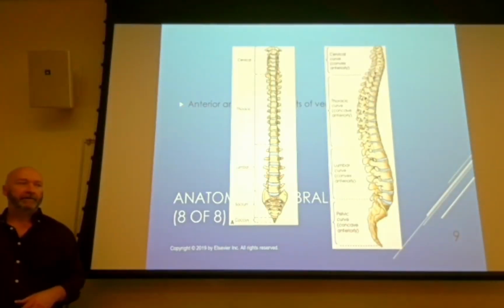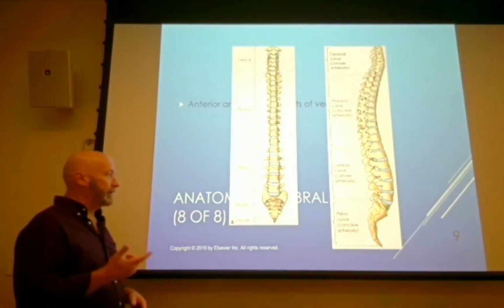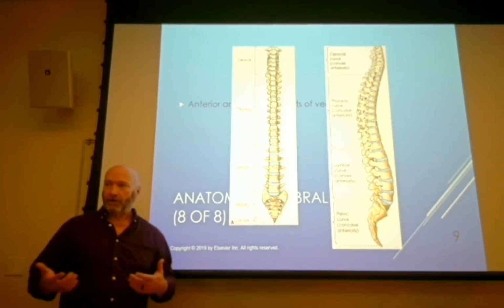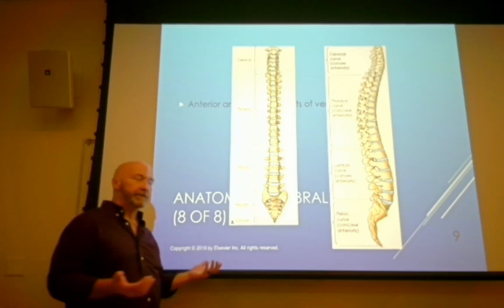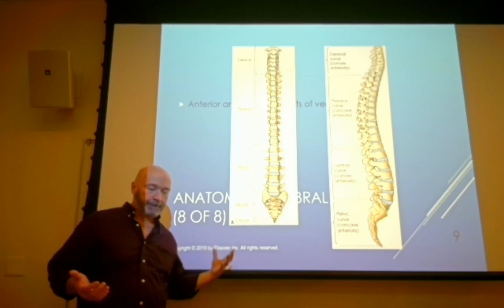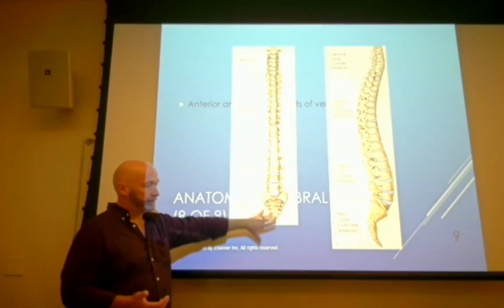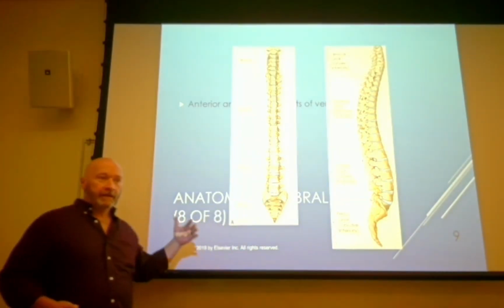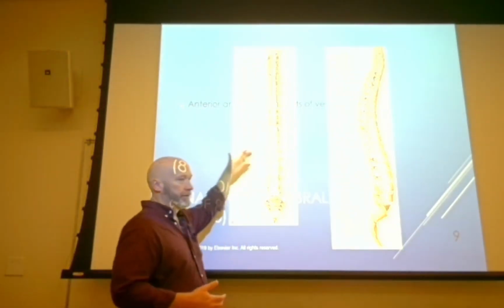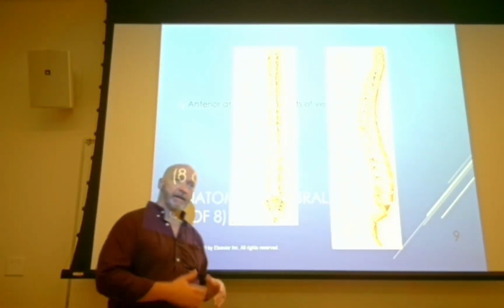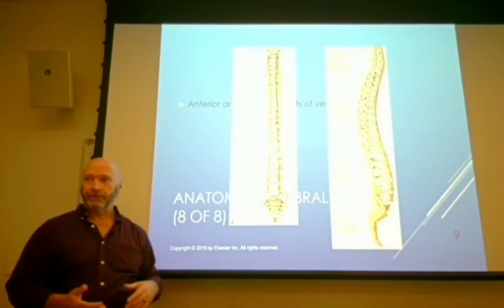So what you're going to have is a primary and a secondary curve. All right, so you've got the pathologic curve that is primary, and then your body is trying to bring the center of mass back over the lower trunk and the hips, and it's going to curve back around. So you're going to have a curve in one direction and a curve in the opposite direction. And it can be subtle, or it can be pretty dramatic.